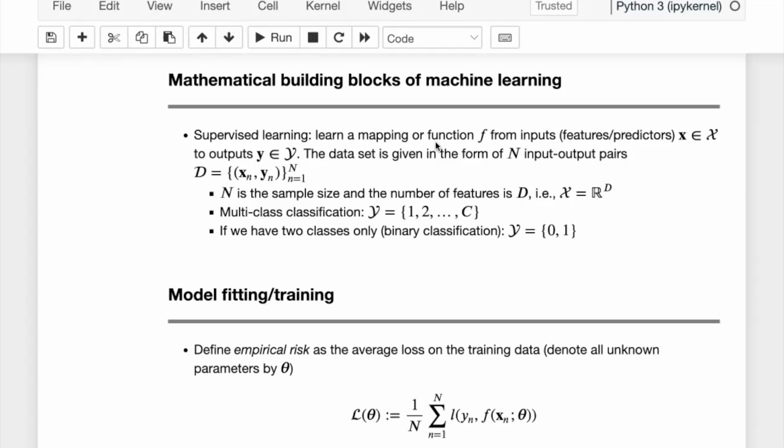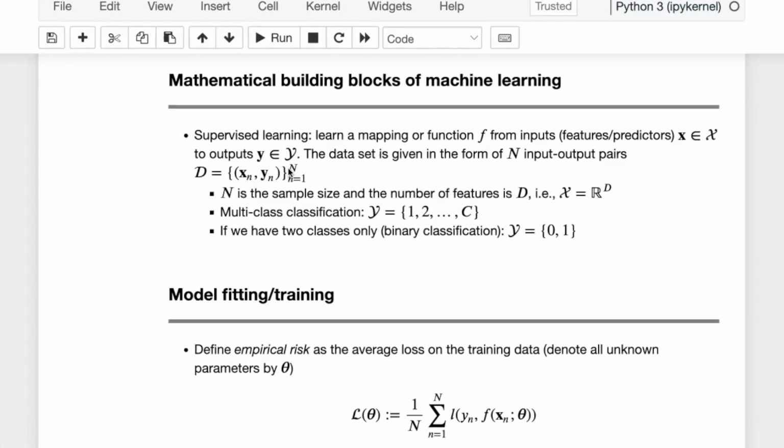And remember, these outputs are the ones that we just mentioned, which can be either quantitative or qualitative. In general, we assume that we have a data set with n input-output pairs, and we use this small n to index these data points, right? And this n goes from 1 to uppercase N, where uppercase N is the total number of samples that we have.